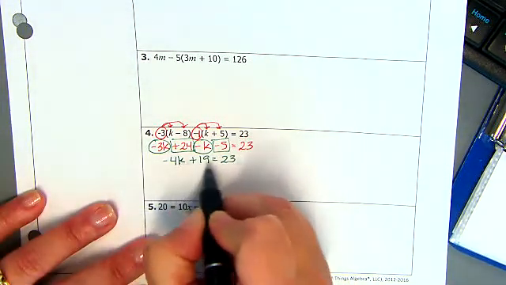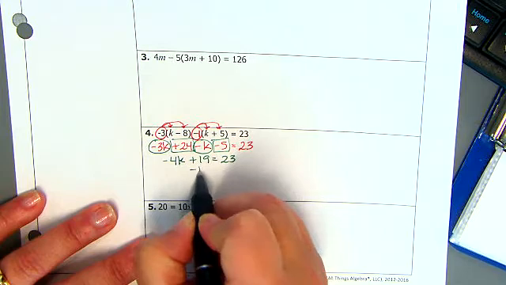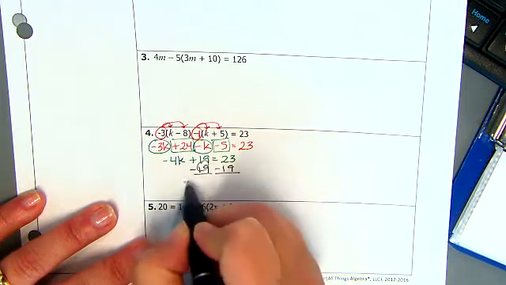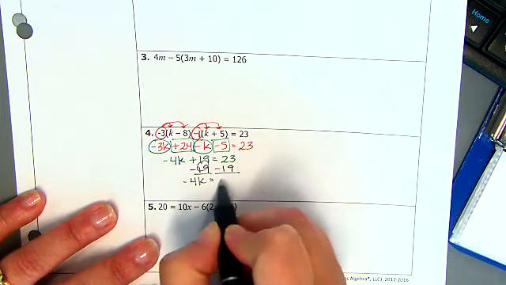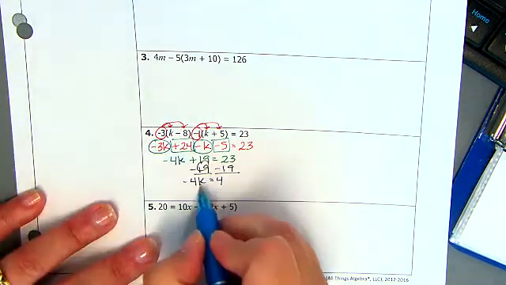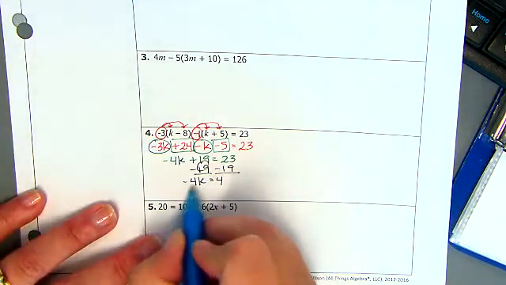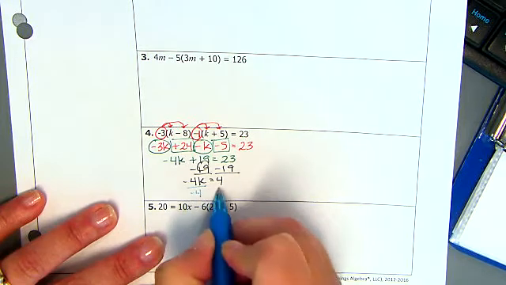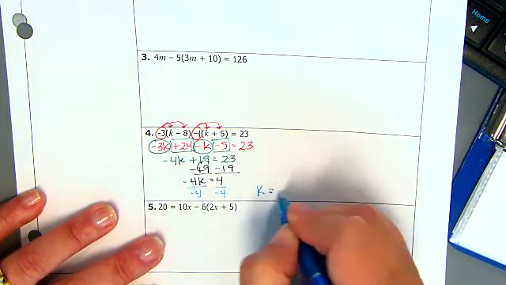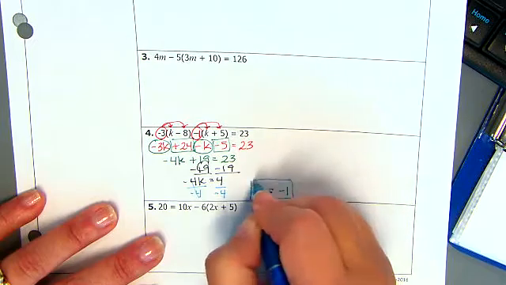We've got to solve for k, so I've got to move the 19, so I'm going to subtract 19 from both sides. Negative 4k equals 4. Get k by itself, it's multiplying by negative 4, so I divide by negative 4 to both sides. K equals negative 1.